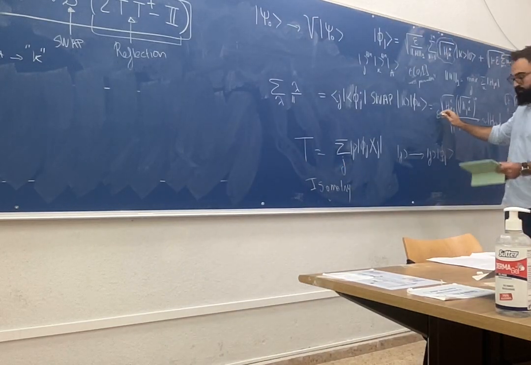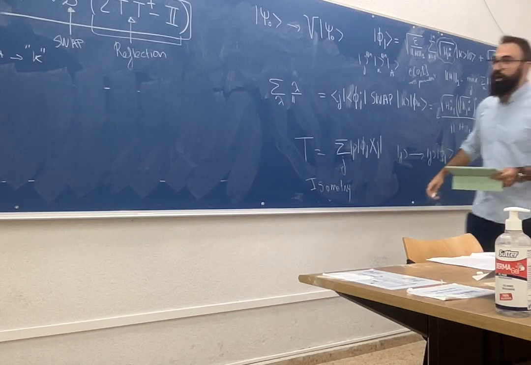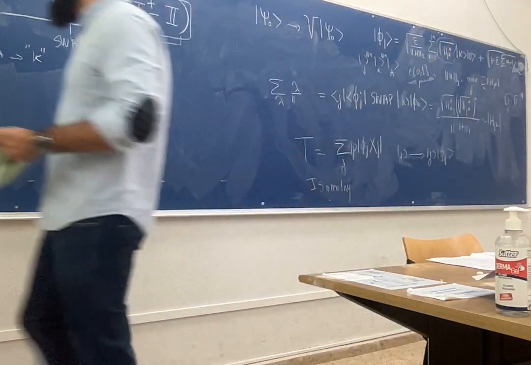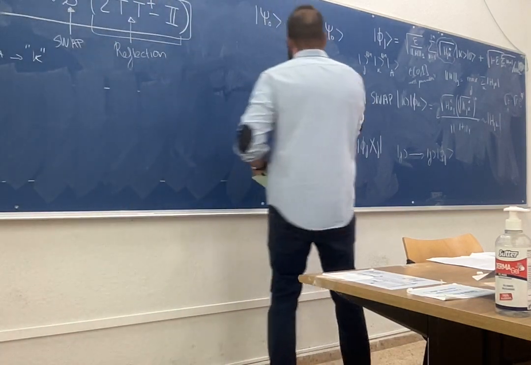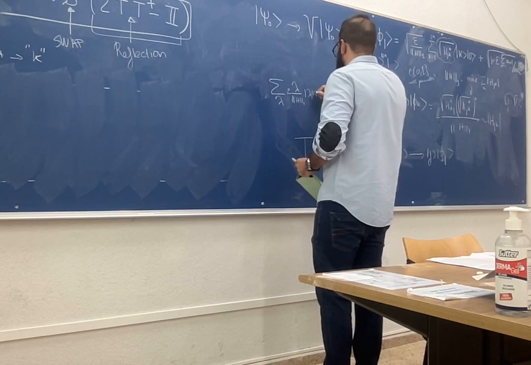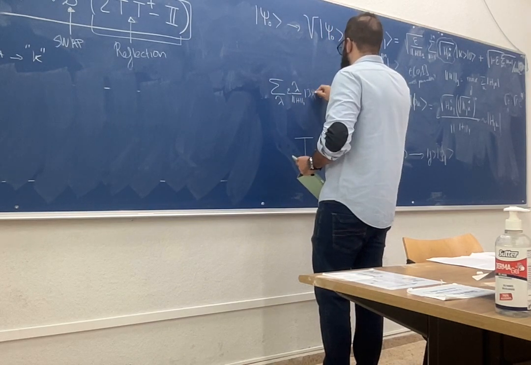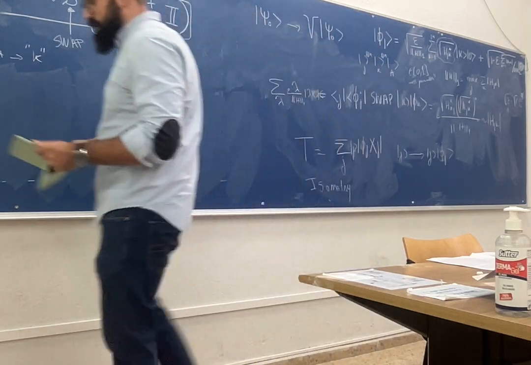In this diagonal Hamiltonian, are you missing the bra? I'm missing it. Suddenly it's a vector. And the Hamiltonian resulting from here is going to be proportional to our original Hamiltonian.